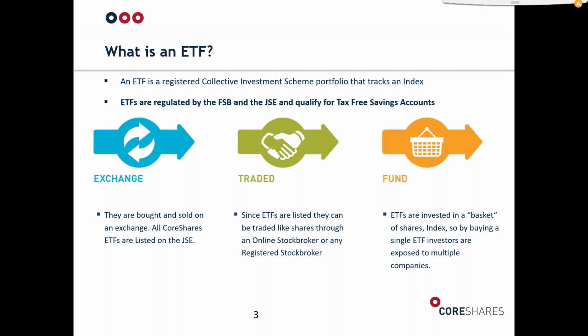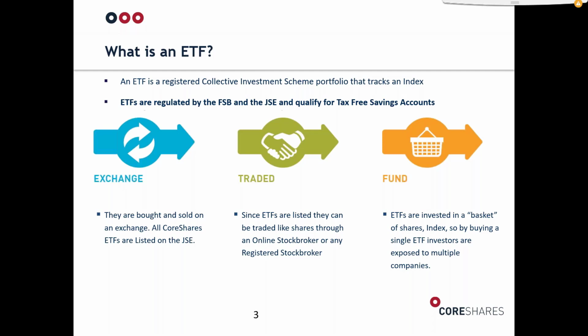A collective investment scheme, as I mentioned earlier, is what everyone refers to as a unit trust. So the ETFs that qualify are the ones that are also collective investment schemes. Now, there are some ETFs on our market that are not collective investment scheme portfolios. Those are typically your commodity-based ETFs.